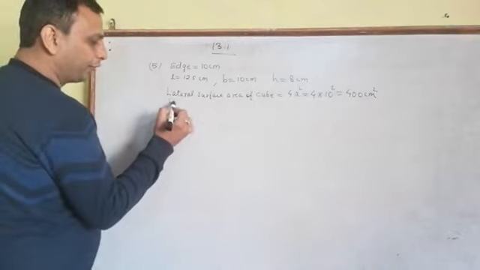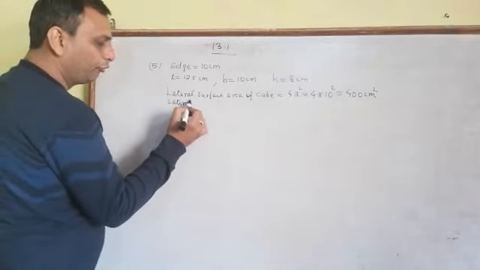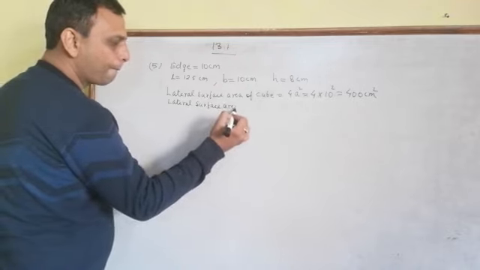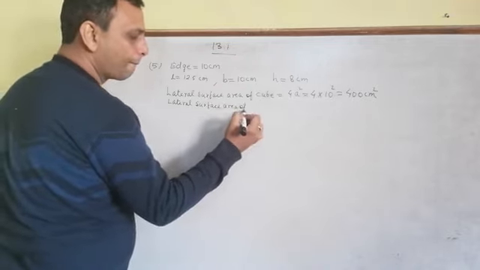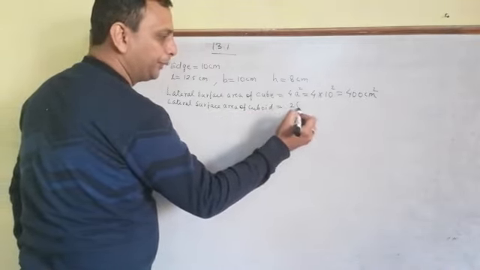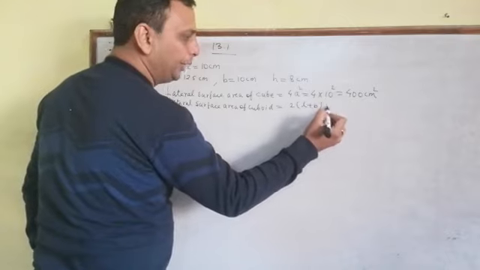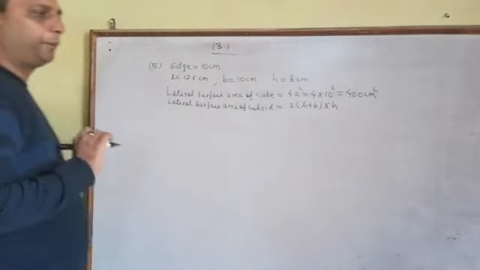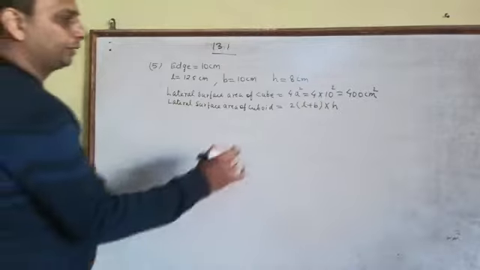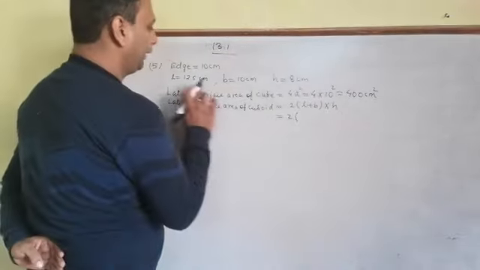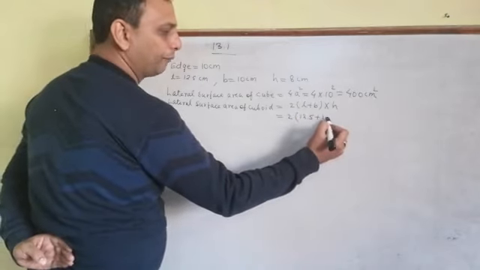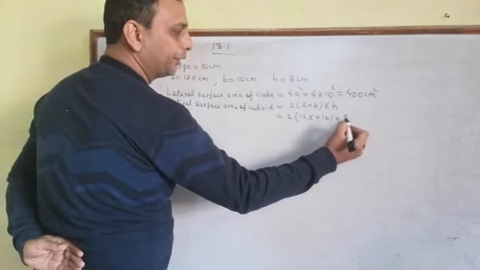Now similarly I have to find the lateral surface area for cuboid. The formula is 2 into (L plus B) into H. The lateral surface area is perimeter into height. So we have the values for all. 2 multiply, length is given 12.5, width is given 10, height is given 8.